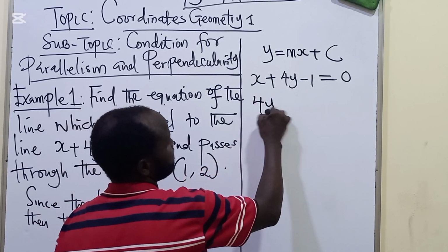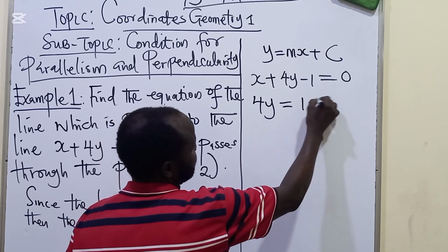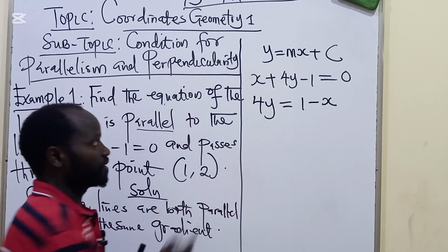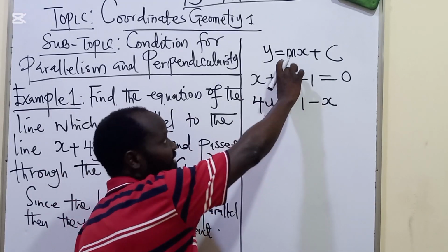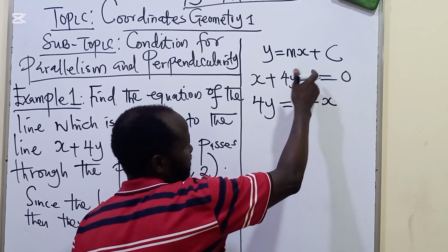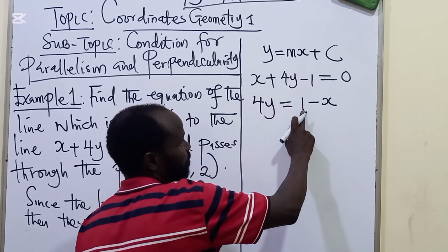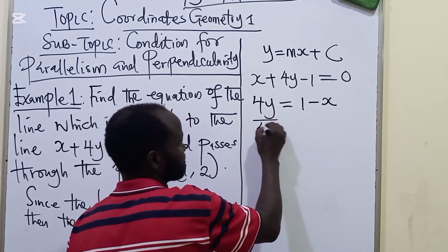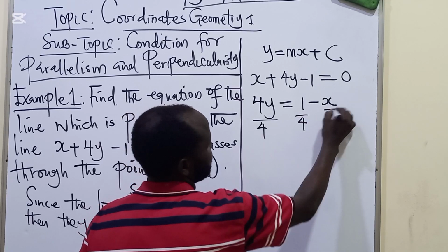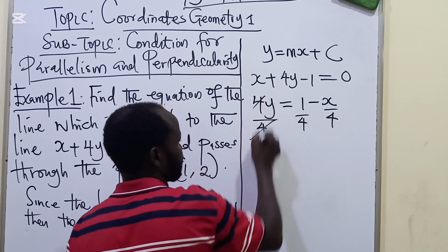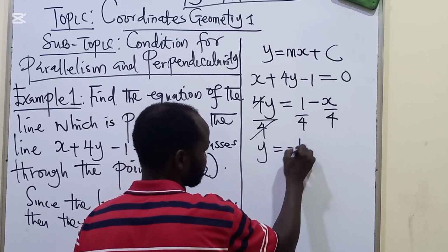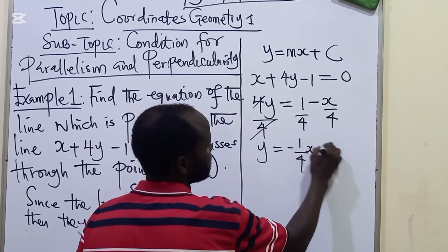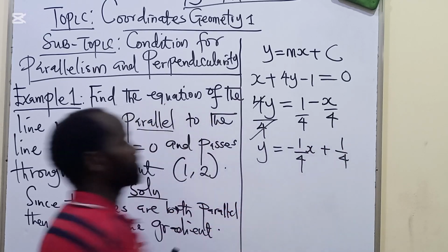We'll have 4y equals 1 minus x. That is, we leave 4y on the left, we take x to the right and take minus 1 to the right. We have 1 minus x. The next thing is we divide both sides by 4. So y now will be equal to minus 1 over 4 x plus 1 over 4.